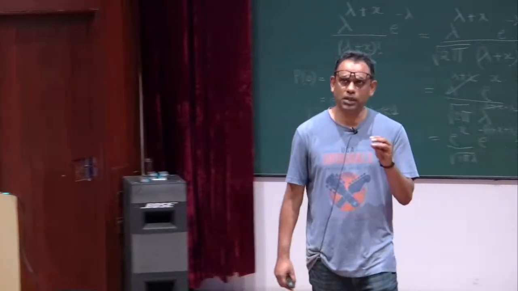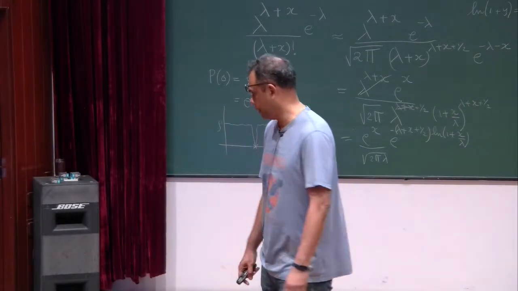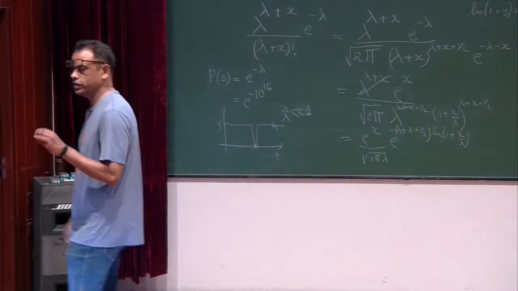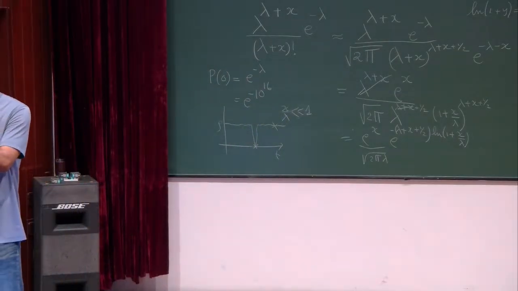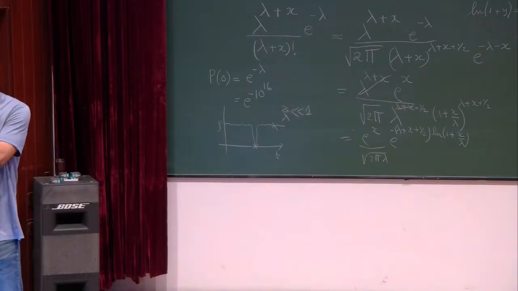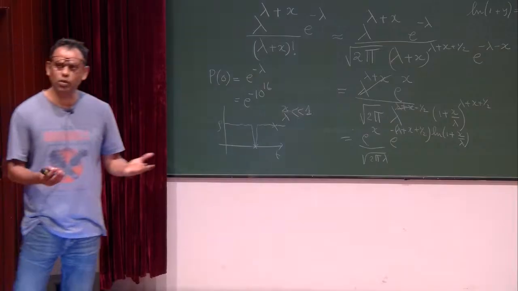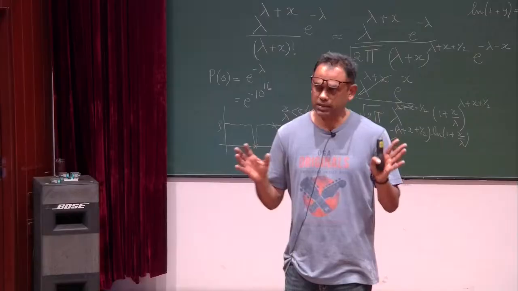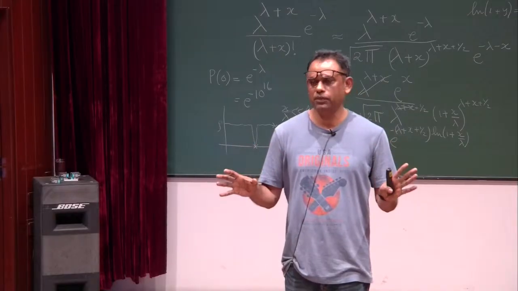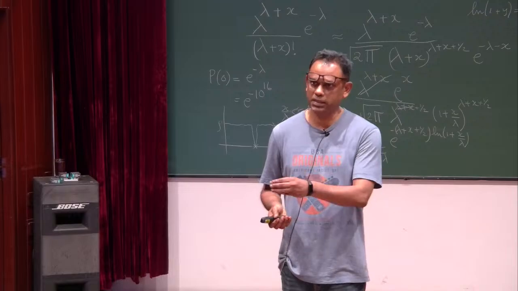But on the other hand, if I look at macroscopic behavior, for example, I take the van der Waals gas, P plus A by V square times V minus B. Now there are two constants there, A and B. I can fix A and B from experiment.